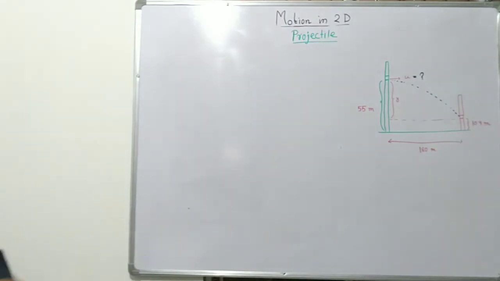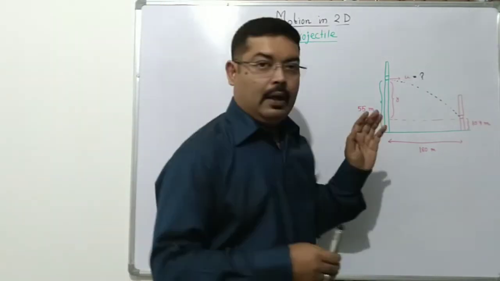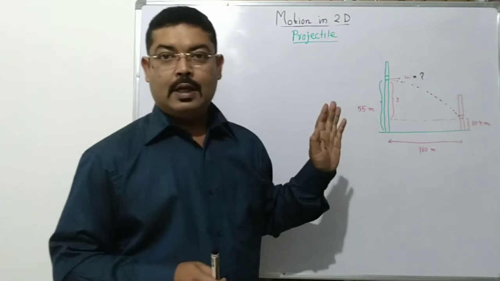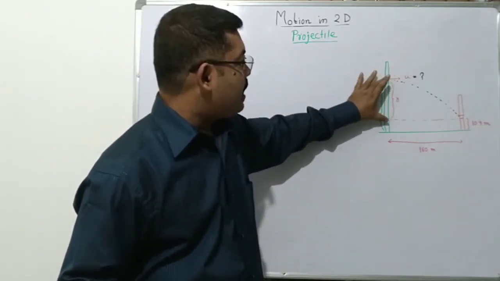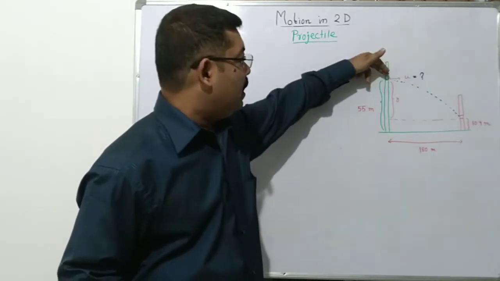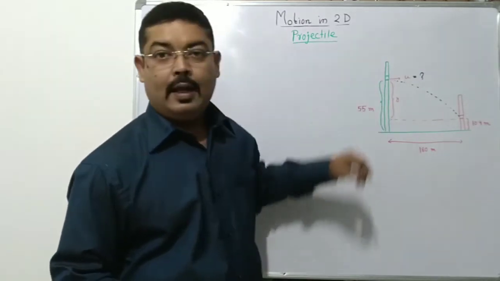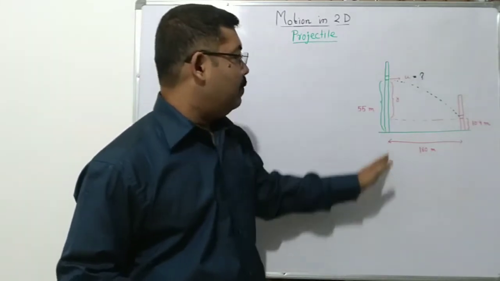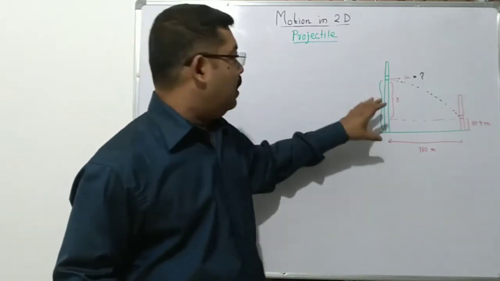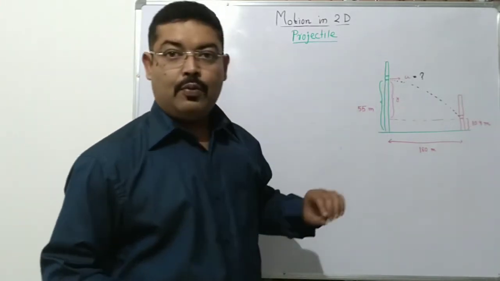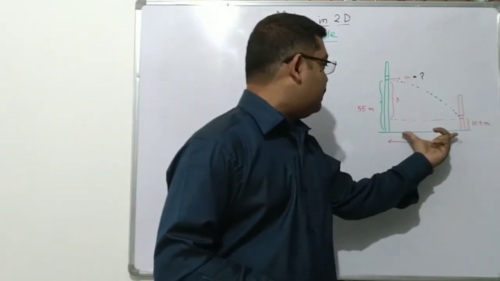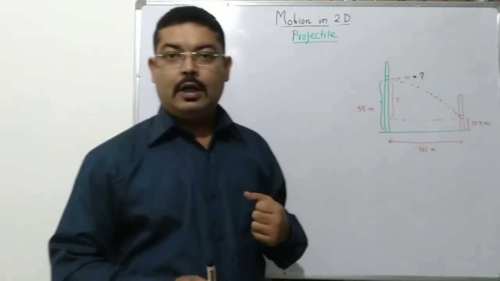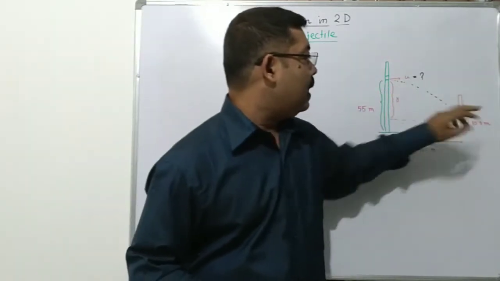Now, the object must be thrown such that the time it takes to travel through this height y in the vertical direction must be equal to the time taken by the object to traverse 180 meters in the horizontal direction. Then only the object will be able to enter it.